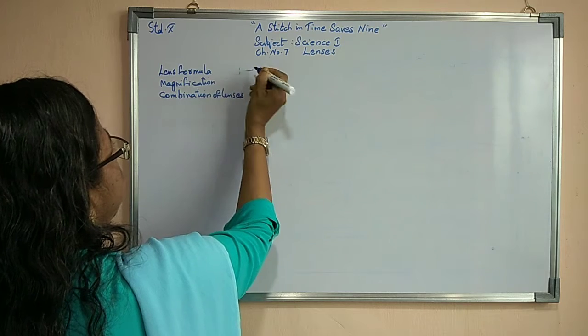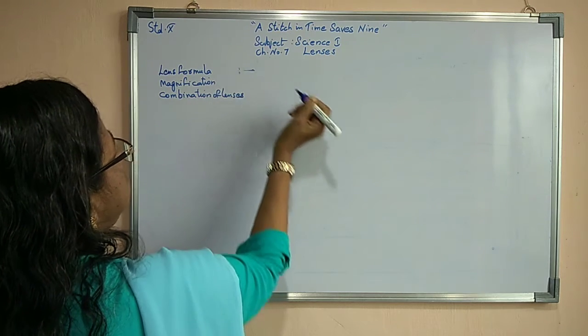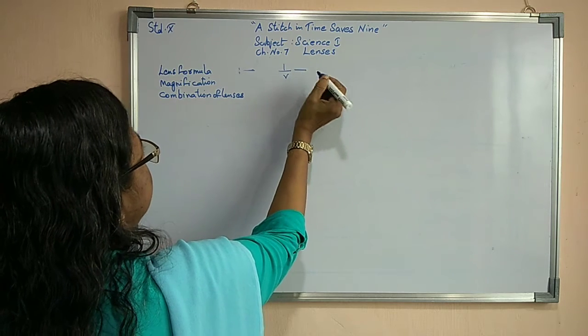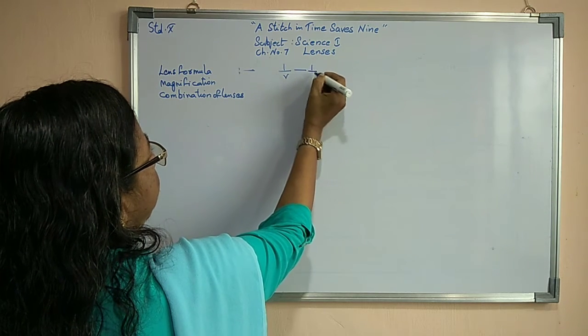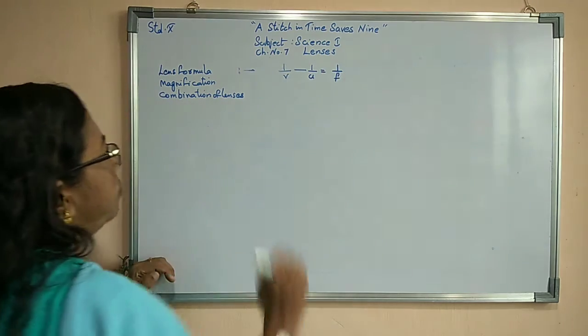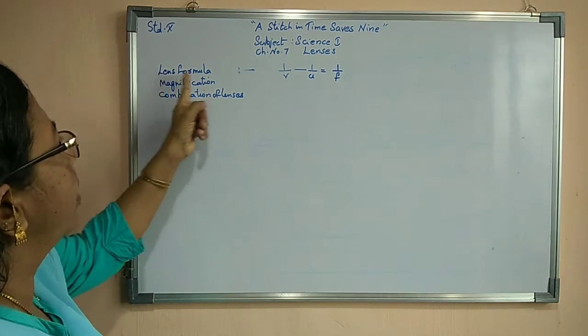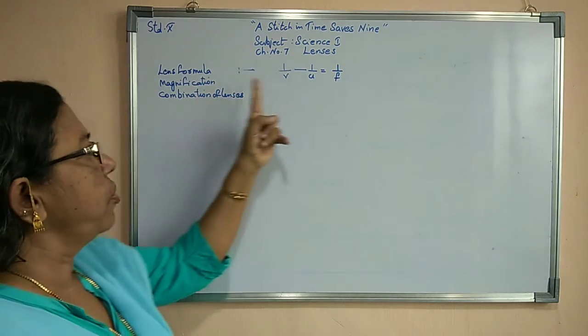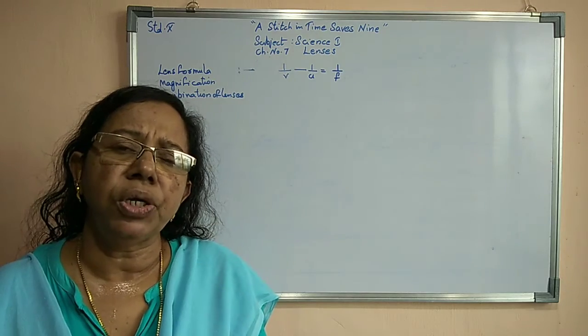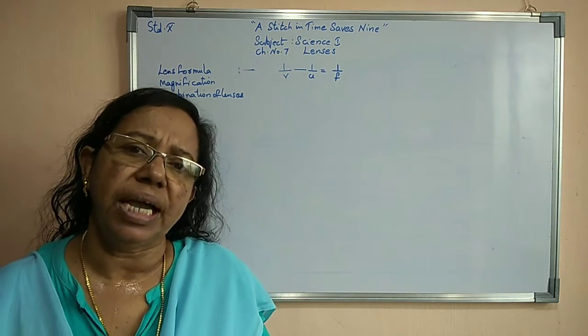Lens formula is 1 upon v minus 1 upon u is equal to 1 upon f.